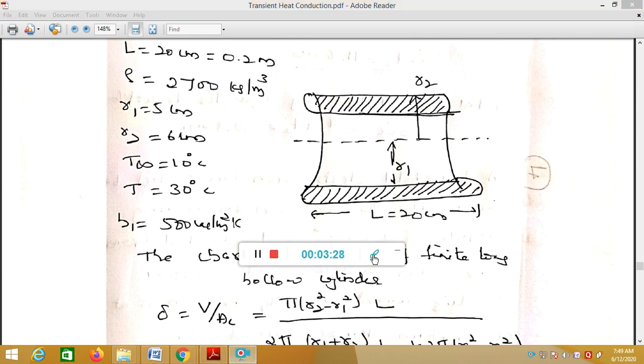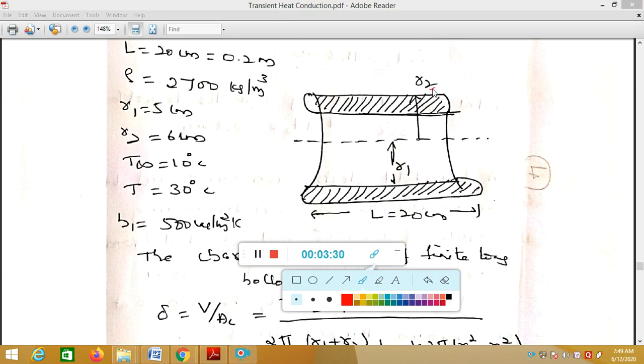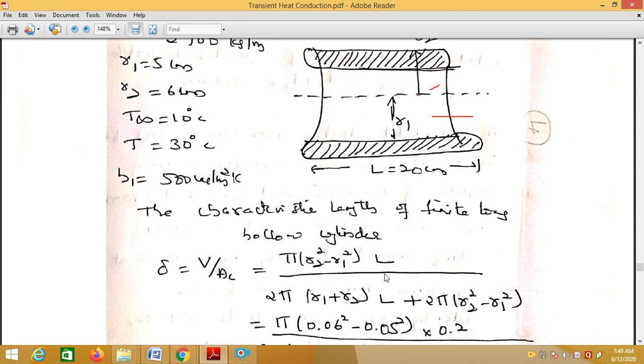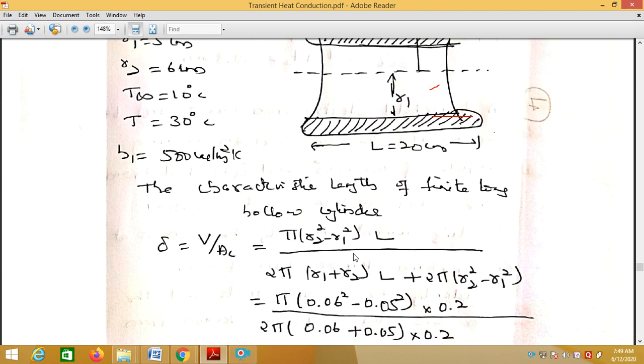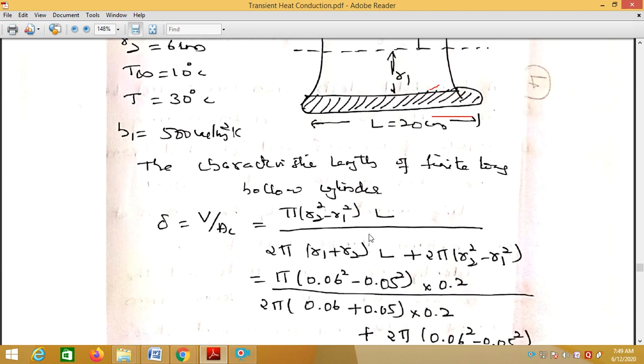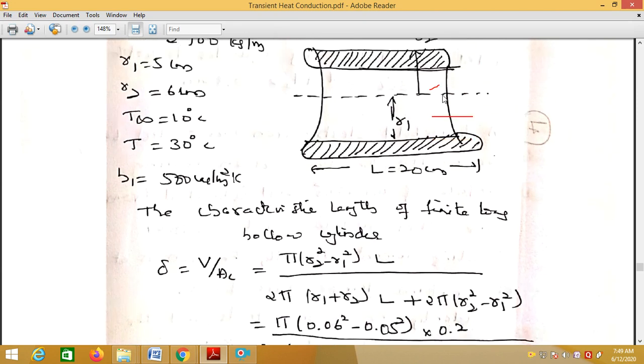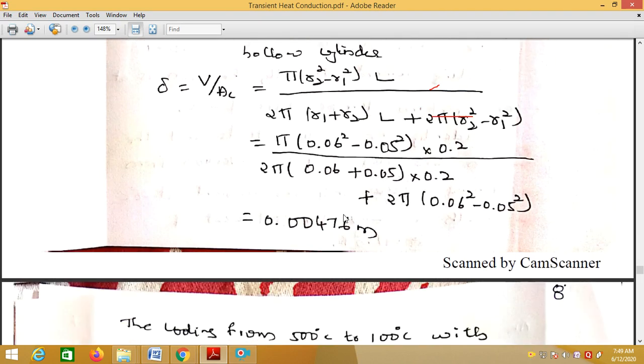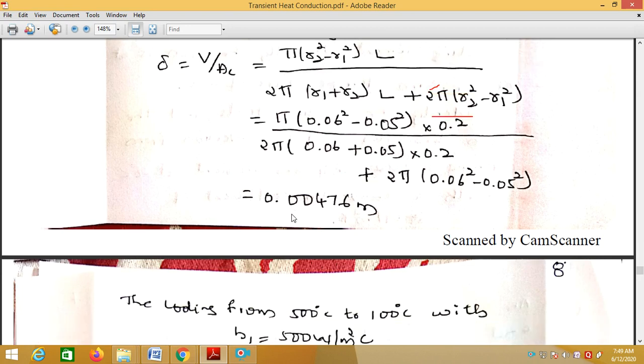Pi R2 square minus pi R1 square, times L. Then the area is 2 pi (R1 plus R2) L plus 2 pi (R2 square minus R1 square). So this is the volume divided by area. Substituting the values of R1, R2 and length, we get 0.00476 meters. This is the characteristic length.